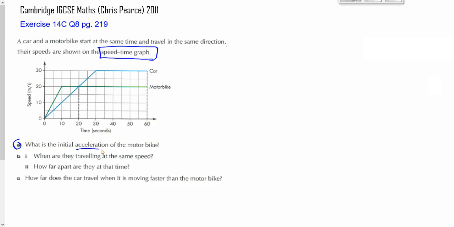Now, in regards to a speed time graph, acceleration is going to be equal to the gradient or slope of the line.